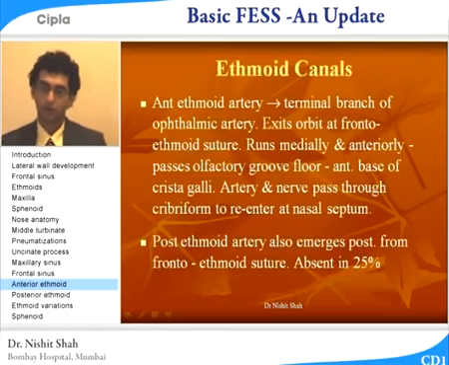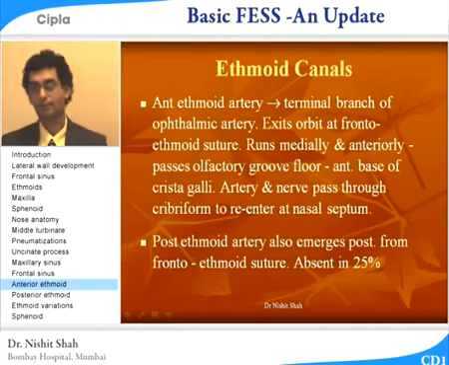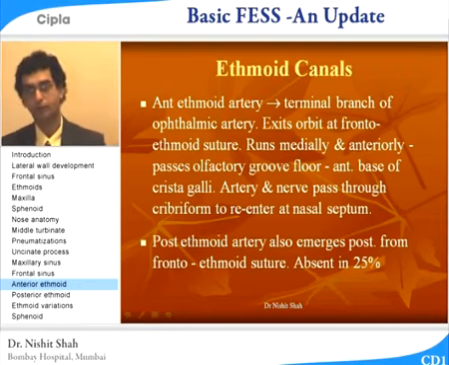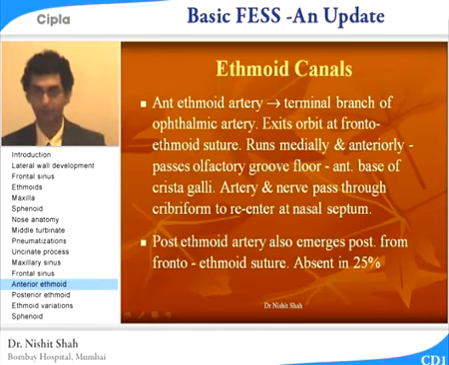So when we talk of the anterior ethmoid artery, the vasculature in the ethmoid, one of the most important vessels, the anterior ethmoid is actually a branch of the internal carotid artery, which leads to the ophthalmic artery, and terminal branch of the ophthalmic artery, which exits the orbit.